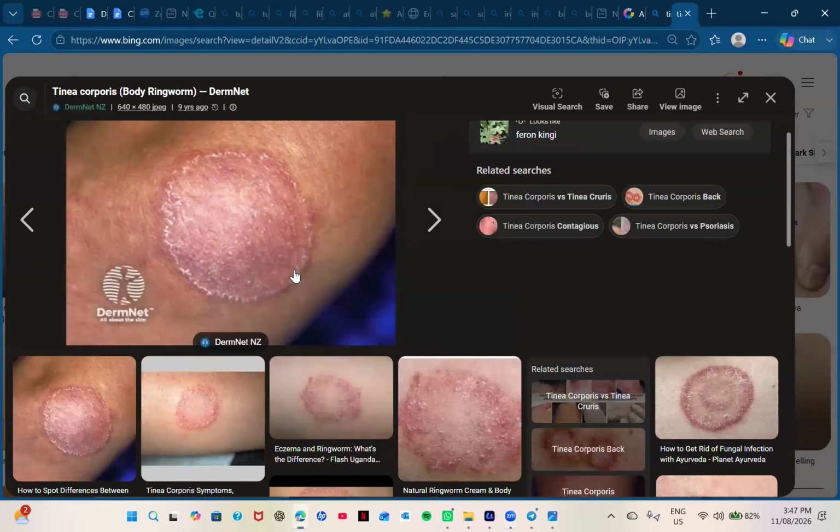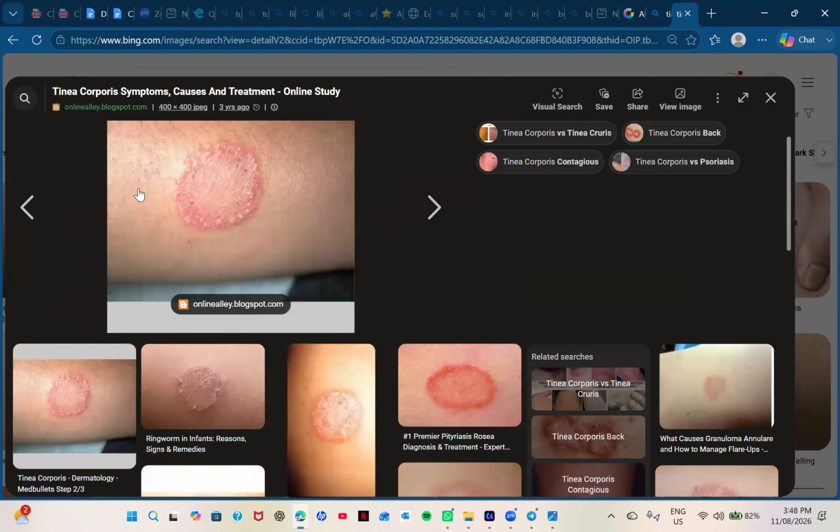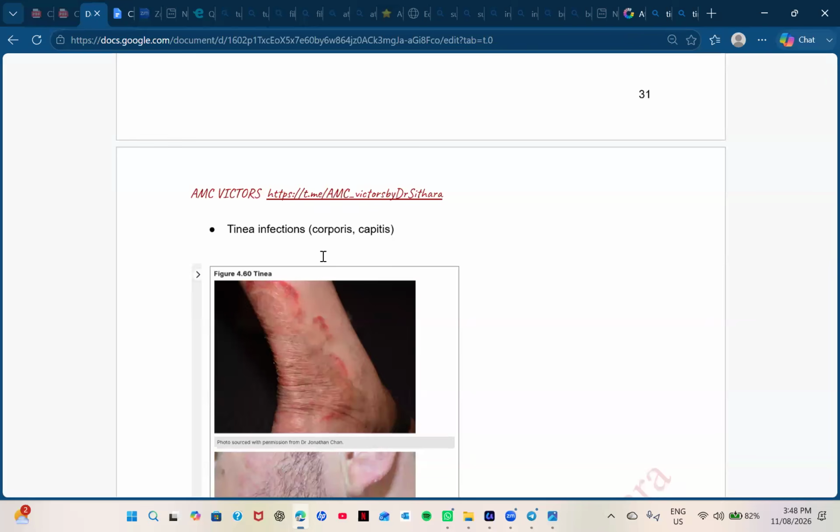Here, what can you see? An annular erythematous scaly plaque with a raised border and central clearance. Central clearing is very important. And this is very itchy as well.